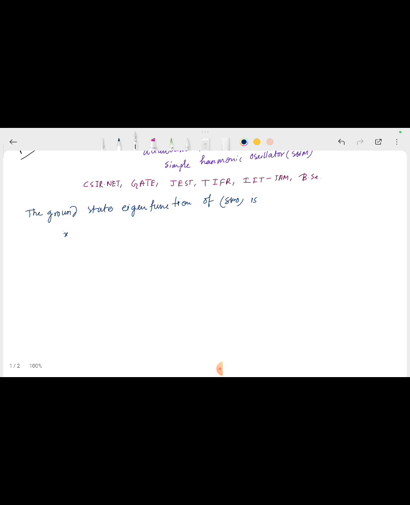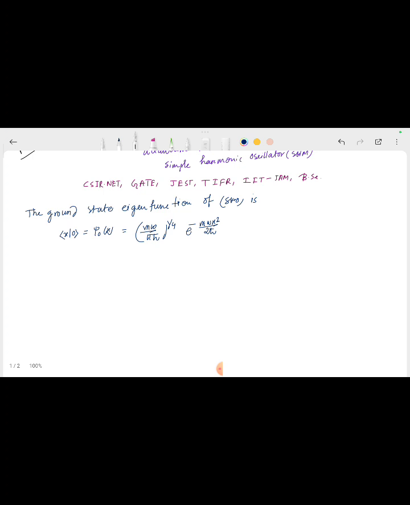It is denoted as psi 0 of x, and it equals (m omega upon pi h cut) whole to the power 1 by 4, times e to the power minus m omega x square upon 2 h cut. This is the ground state wave function.